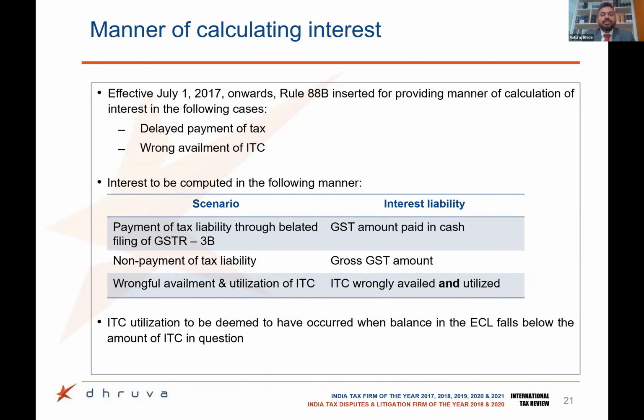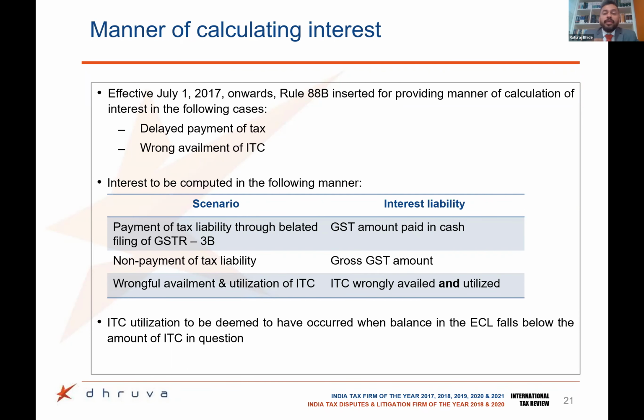Another important change is in relation to the manner of calculating interest. Section 50, which deals with interest in case of short payment of tax, non-payment of tax, and in case of incorrect availment of credit, was changed to the effect that interest on output liability should be paid only on a net cash basis.